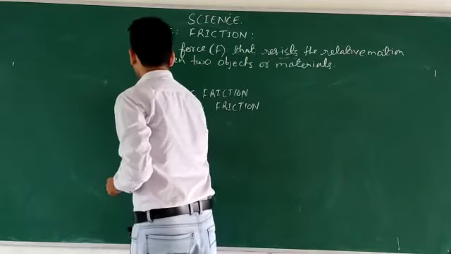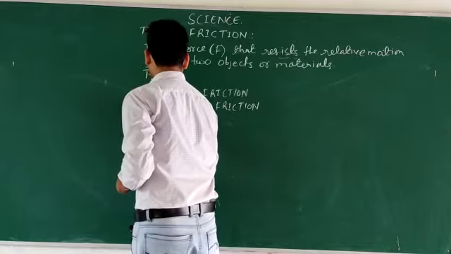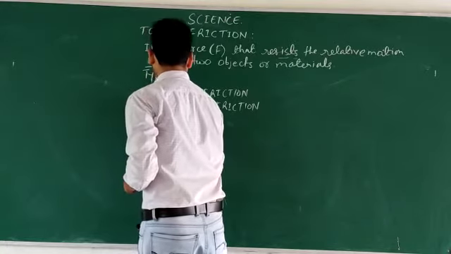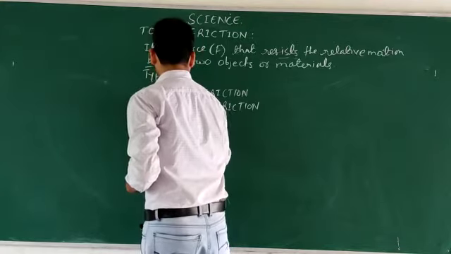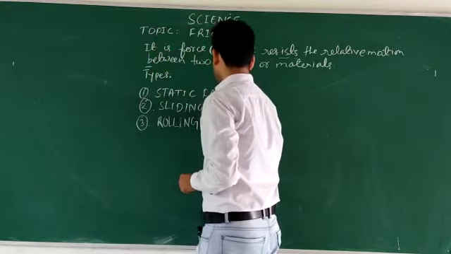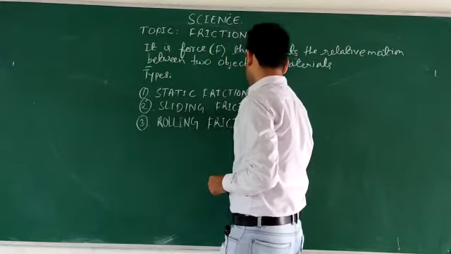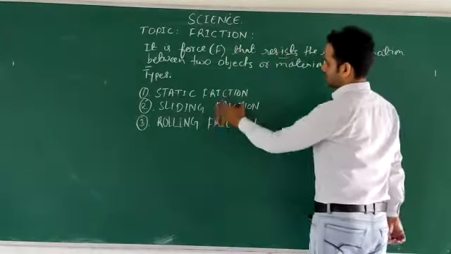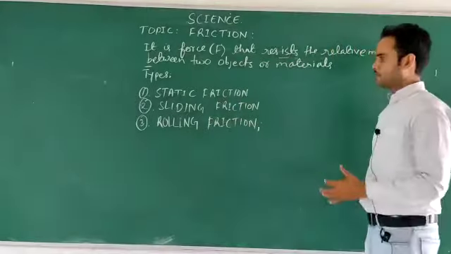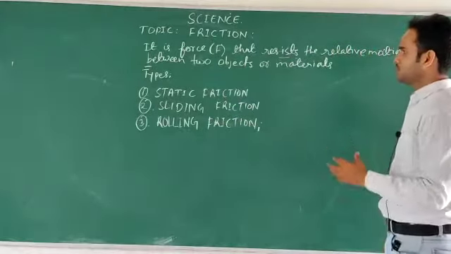And the third one is rolling friction. Before we talk about static, sliding or rolling friction, we have to know about the reasons of friction. What are the reasons of friction?